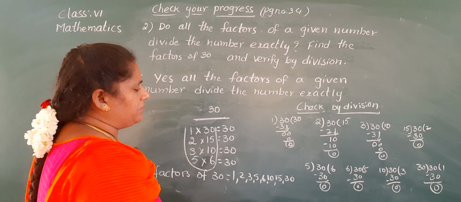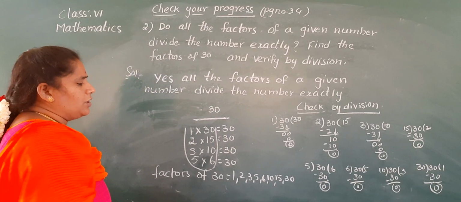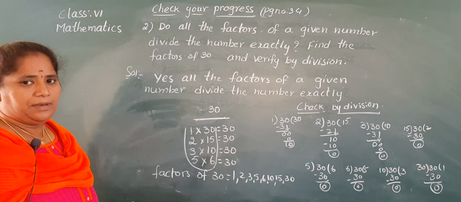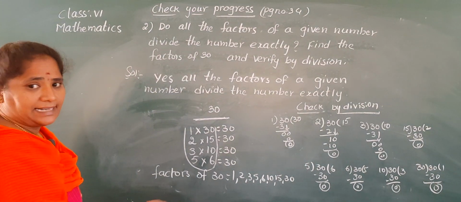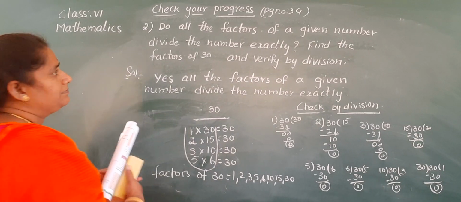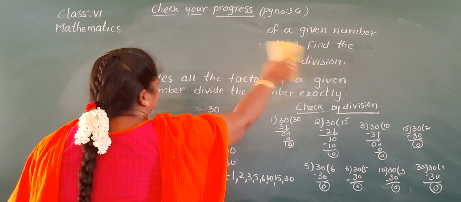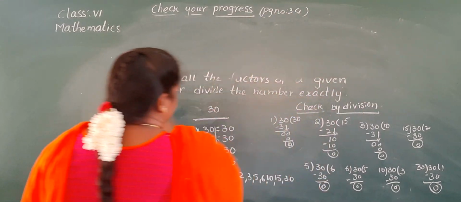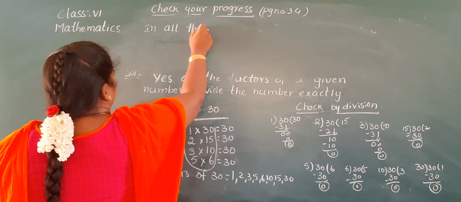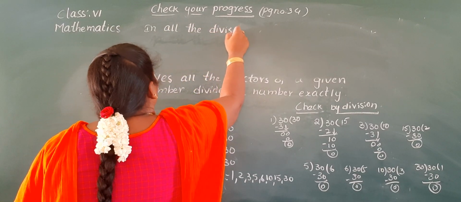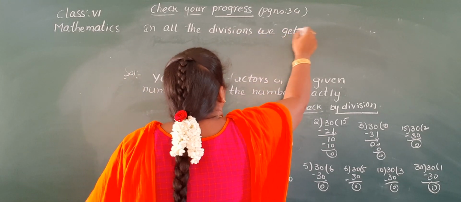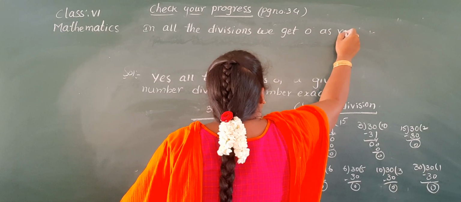So in all the above divisions, we get the remainder 0. So these are all the factors of the given number. Okay ma? We will write that conclusion, Nana, but the space is not there. I will write it on the side. I will write this sentence here: in all the divisions we get 0 as remainder.